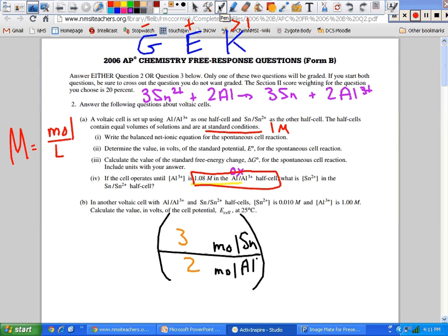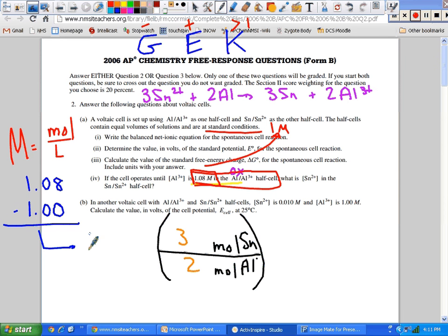They tell you that it was 1.08. What we know originally it was 1 molar. So what they're really asking you for is how much did it change? Okay, how much did it change? Well, it originally was at 1.00. Well, it went up to 1.08. So it changed as a difference of 0.08 moles per liter.